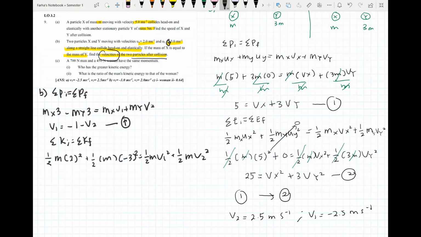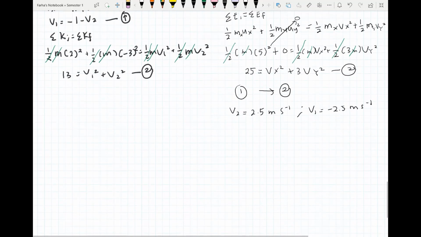Okay, kat sini kita boleh cancel out juga M. Half pun kita boleh cancel out. Lastly, we can get the equation is 13 equals to V1 square plus V2 square. Okay, ini adalah persamaan yang kedua.